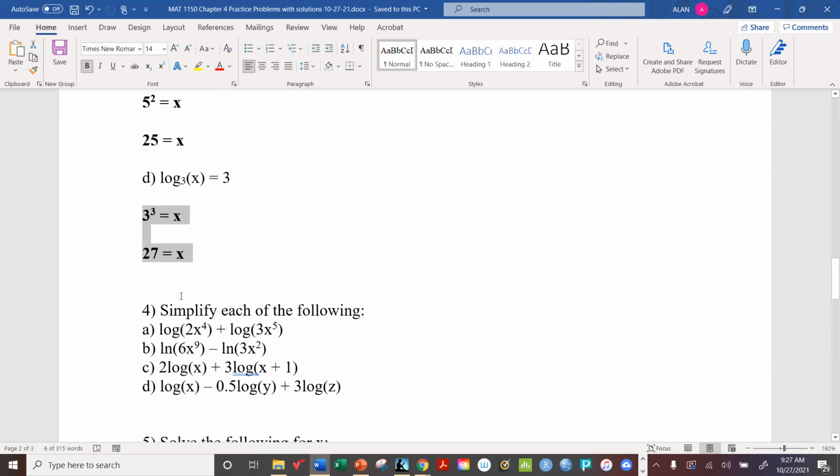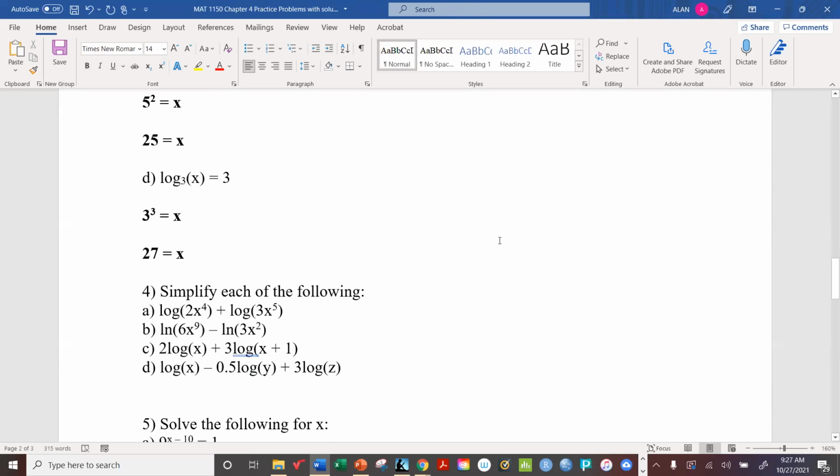Now, simplification. By the way, I do want to point out that I took some of these out of the textbook. Strangely enough, they chose not to have a base in some of them, some of them are natural logs.